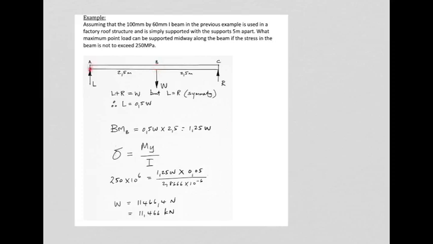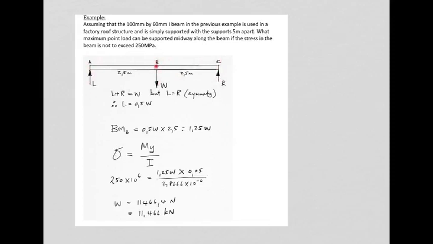It would be 0 at the ends, and it would increase until it reached a maximum at B. And the bending moment at B would be either the left-hand side or the right-hand side, whichever way you decided to work. In my case, I've taken, really doesn't matter because of the symmetry, 0.5 W being either L or R. So let's for now assume that we covered up this side of the beam and just left this side exposed.